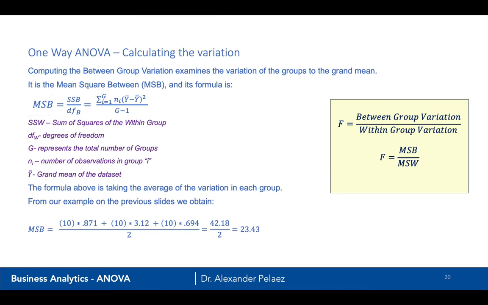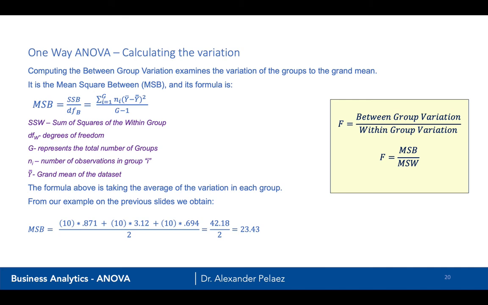The sum of squares between the groups is another summation. For each group, we take the square of the difference between the mean of the group and the grand mean, that's y bar minus y bar bar, and multiply it by the number of observations within the group.